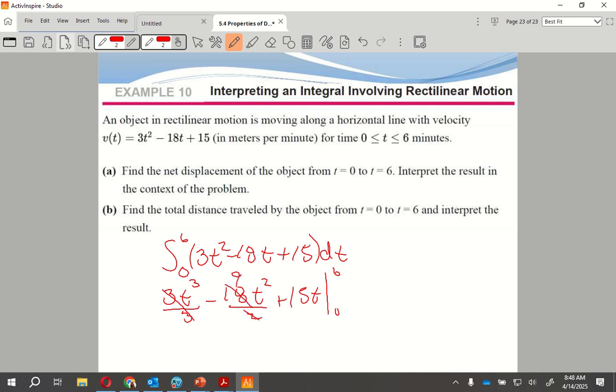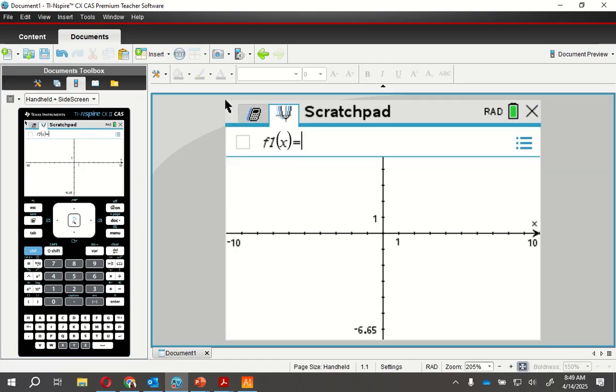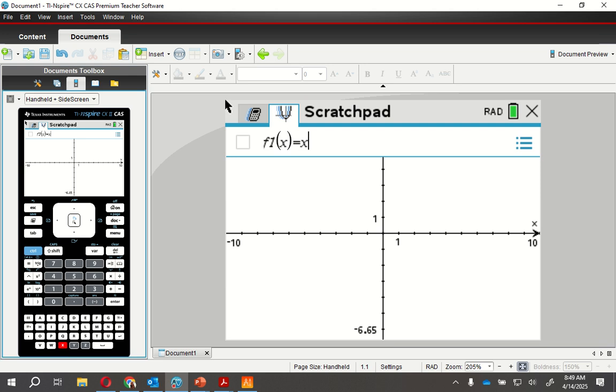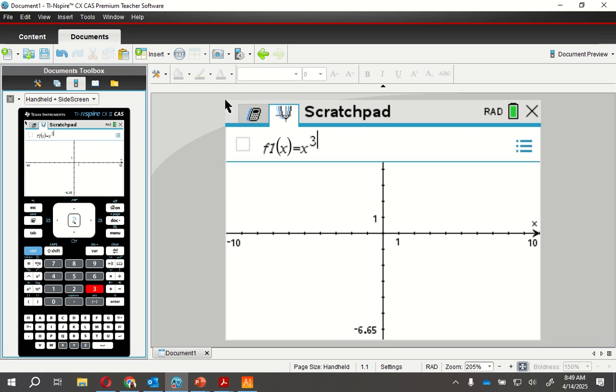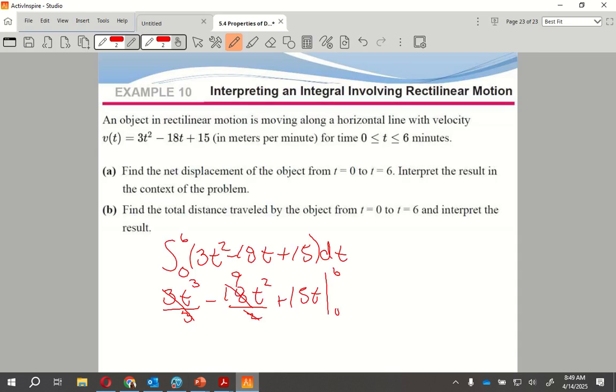Let's try this to make life a whole lot easier. I'm going to go to my function and put that integration there. So my integration was x cubed minus 9x squared plus 15x. Is that correct? t cubed minus 9t squared plus 15t.